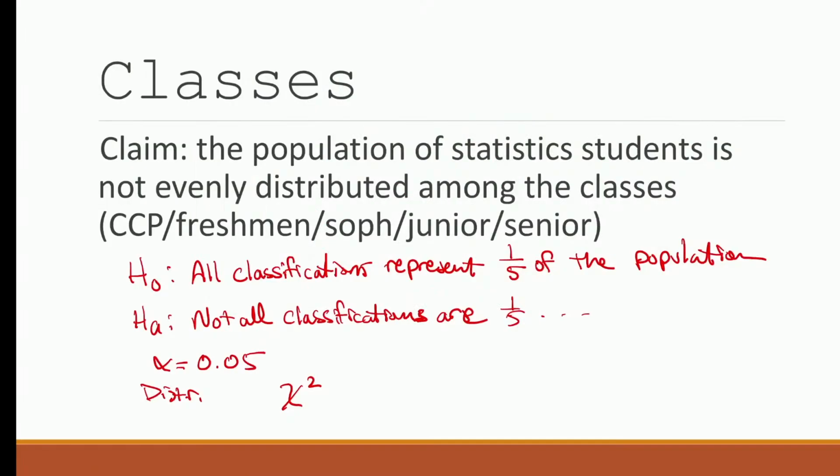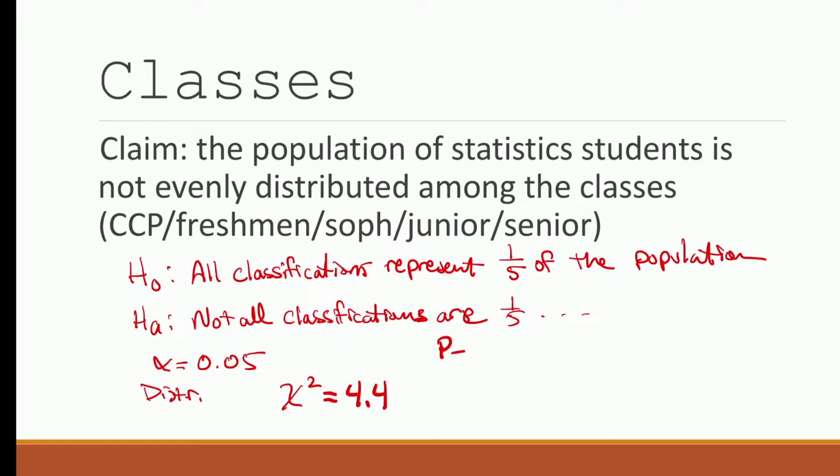Okay, well, let's go back to, where is it? There it is. Okay, so our distribution is chi-squared, and if you noticed, we computed chi-squared is equal to 4.4. Now, what does this mean? What's our conclusion? Well, here are the options.